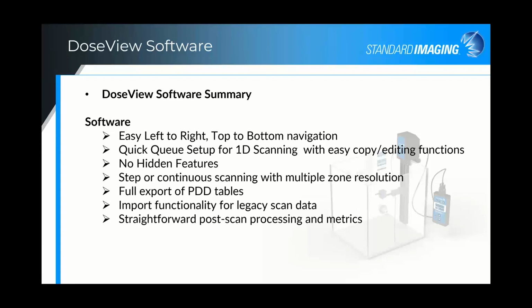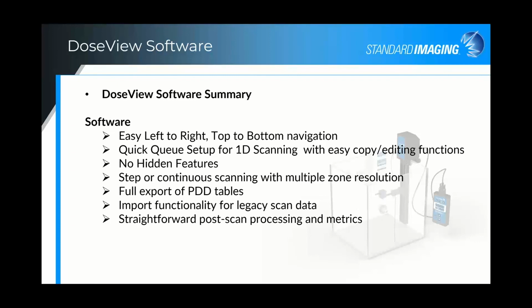Something I didn't touch on is that there are also very easy copy and editing functions of the scan queue. So if I set a scan queue up for 6 MV and I want to do that same exact queue for 10 MV, you can easily copy that 6 MV queue and edit it to 10 MV with just a click of 2 buttons. It's very, very quick and easy.